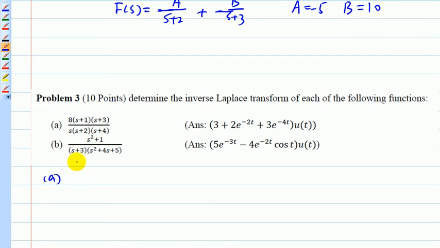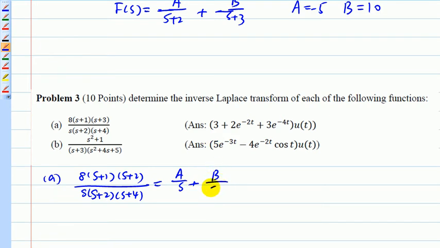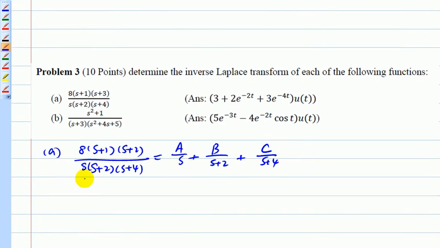So your original F of s should be able to be rewritten as a partial fraction: A over s plus B over s plus 2 plus C over s plus 4. Then you compare coefficients, or you can use the formula as we did.